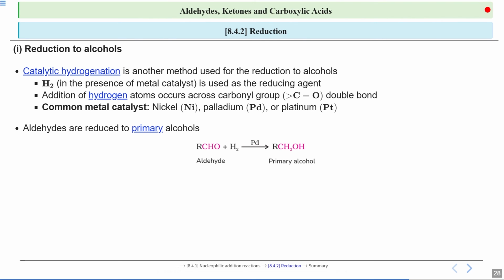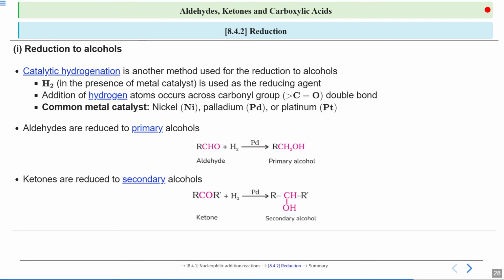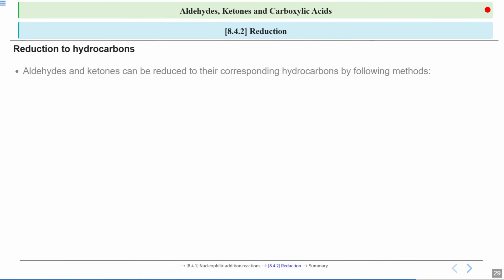So in catalytic hydrogenation, H2 is used as a reducing agent. This is another method of reduction. So aldehydes get reduced to primary alcohols by catalytic hydrogenation in the presence of a metal catalyst, and ketones are reduced to secondary alcohols. If you see, this is a ketone, and it is reduced to a secondary alcohol.